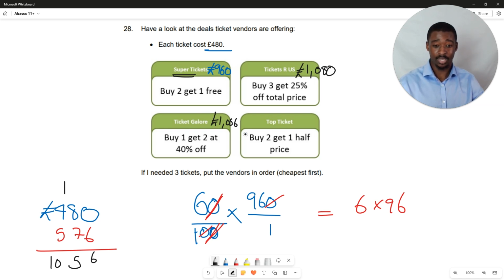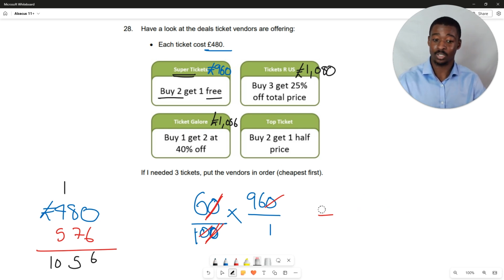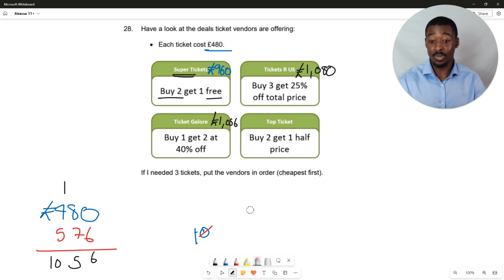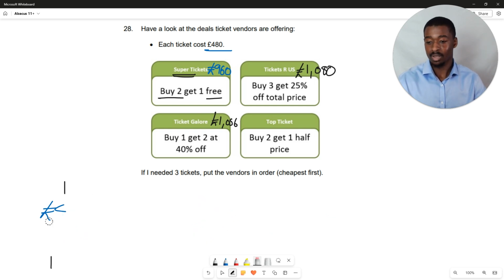So let's see if top tickets come top of the list. Buy two, get one half price. Well, we already know it's not going to be the cheapest, right? Because super tickets gave us buy two, get one free. This one is buy two, get one half price. So we already know that super tickets wins, but in order to work out the general order, we still have to work out how much this is going to be.